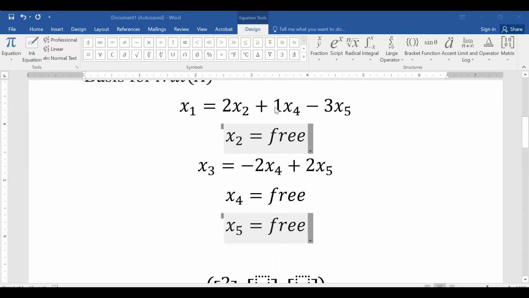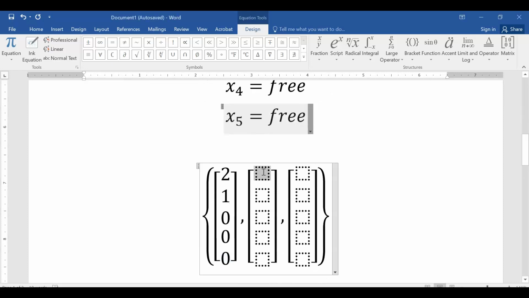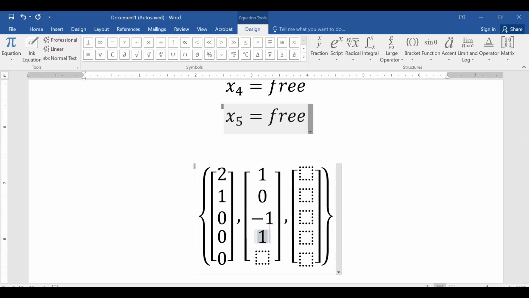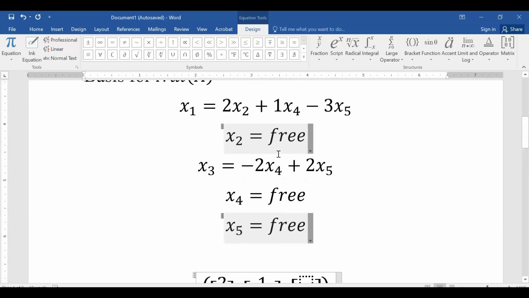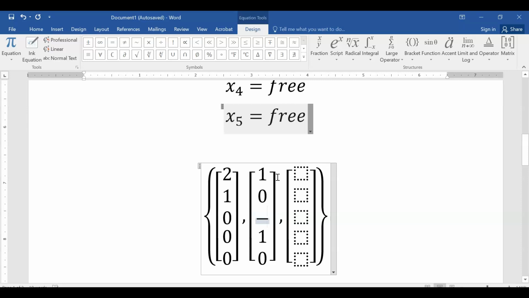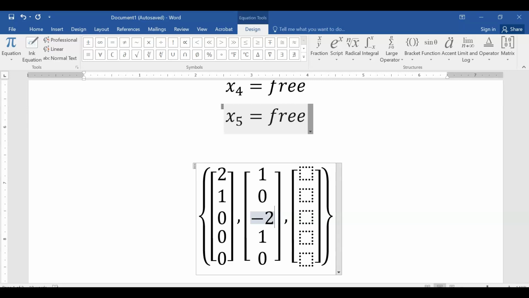The coefficients of x4, I'm going to get 1, 0, -2, 1, 0. Oops, I didn't look at that. -2, I apologize. So 1, 0, -2, 1, 0. Okay, coefficients of the x4.